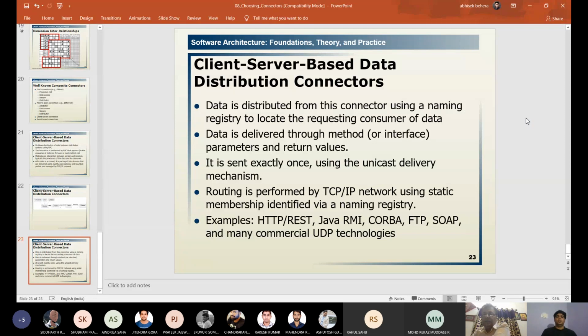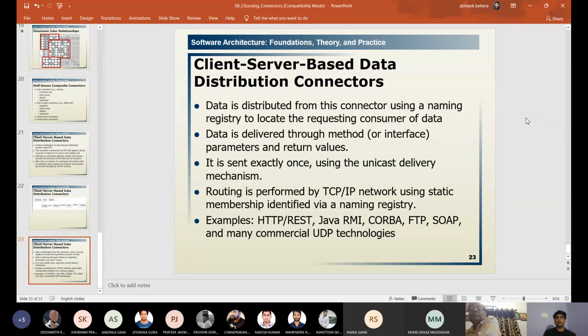Okay, go ahead. The next point, the data is delivered through the method, that is the interface, parameters, and the return values. It is sent exactly once using the unicast delivery mechanism. The dimension is delivery, the sub-dimension is mechanism, and the value is exactly once.